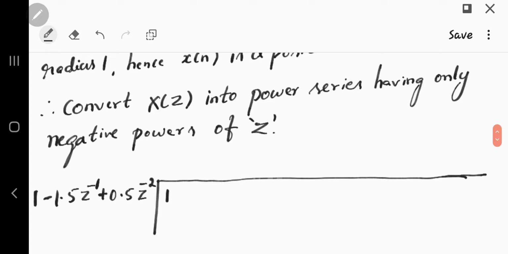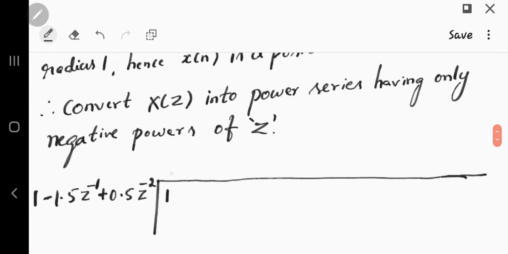So that is why you have to be careful at this point. If you are getting positive powers and your ROC says that it is a positive time sequence, then you are making a mistake. Immediately you can stop there, go back to the beginning and arrange the denominator in such a way that you get negative powers of z in the quotient. Now the first thing is to eliminate the first term in the long division method.